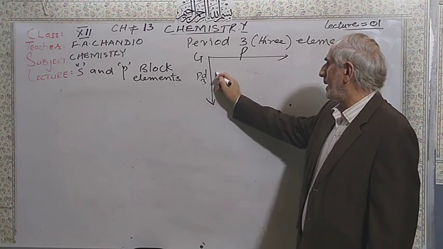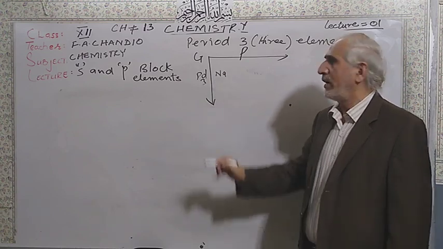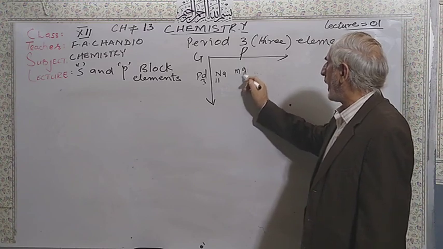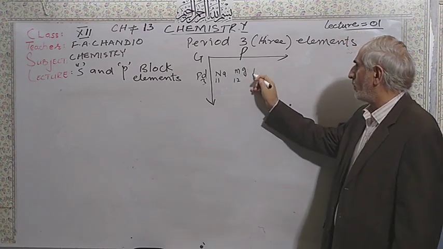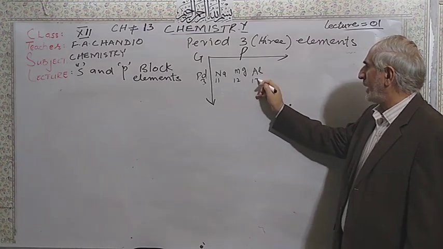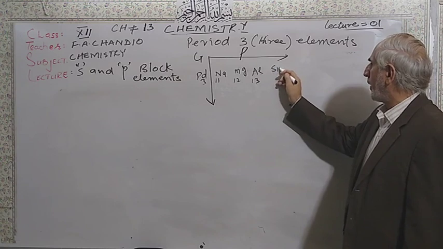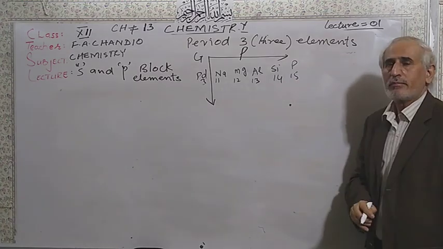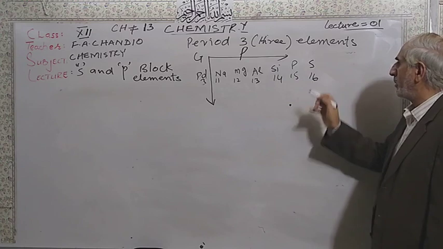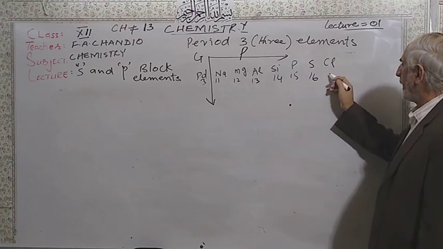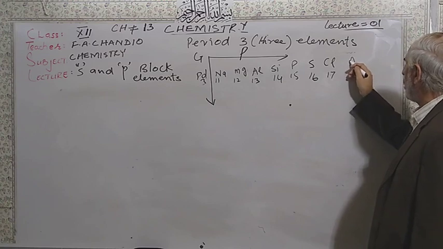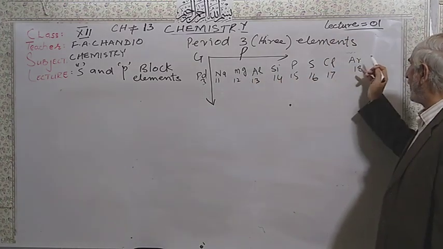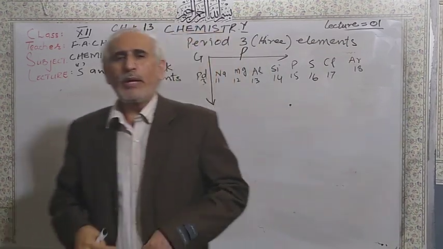Now in period number 3, the elements are sodium, atomic number 11, magnesium, atomic number 12, aluminium, atomic number 13, silicon, atomic number 14, phosphorus, atomic number 15, sulfur, atomic number 16, chlorine, atomic number 17, and argon, atomic number 18. 8 elements are present in period number 3.